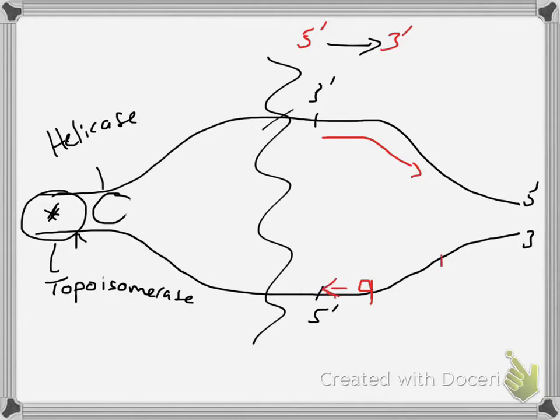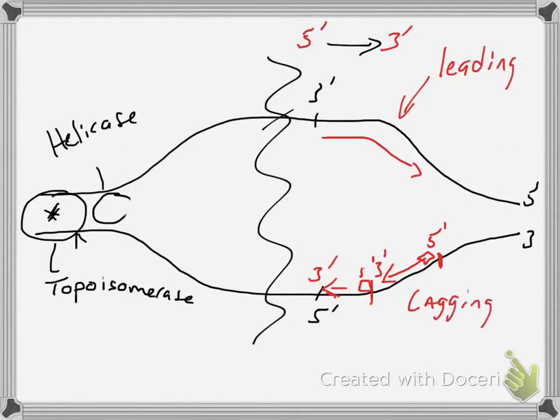Now, if I unzip it further, so helicase and topoisomerase are doing their job, I can put in a second primer and I can synthesize in this direction, right? This is still sticking with my rules, 5 prime, 3 prime, right? 5 prime, 3 prime, okay? So we call this our leading and this our lagging strand, okay?